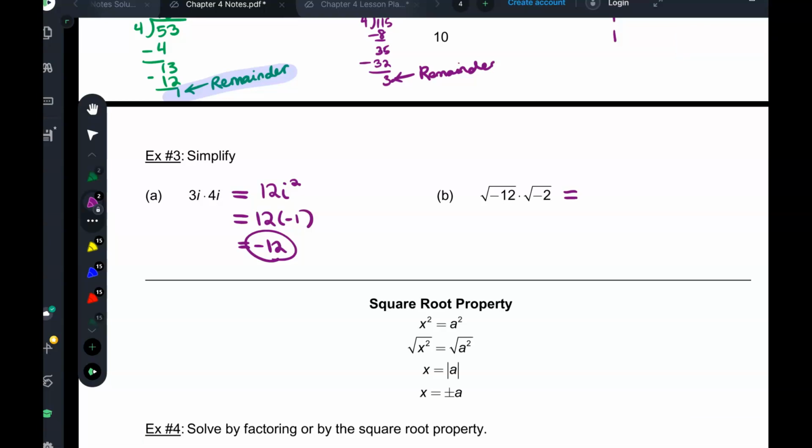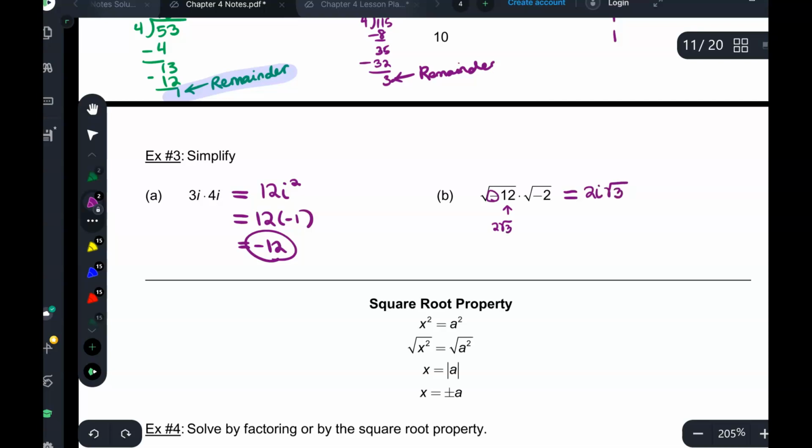Okay, next one. What I want to do is simplify each radical first, and then we'll multiply. So looking at the square root of -12, 12 would be 2 root 3. But I have a negative in there, so I'm going to make that 2i root 3 times, and then I have a negative here, so that's i root 2.